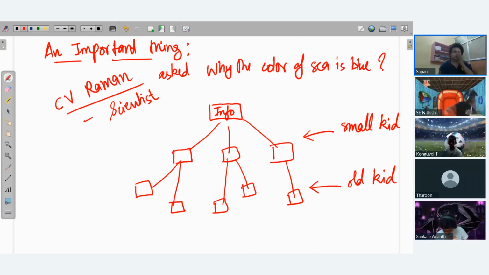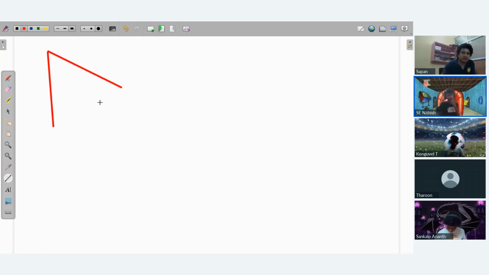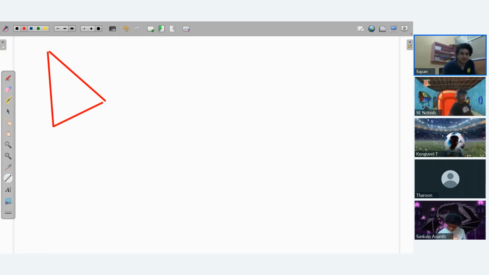Okay, so moving further. Similarly, I told you that if I draw any triangle saying two sides are equal, then the opposite angles are equal, and I told you that both of them are equivalent.